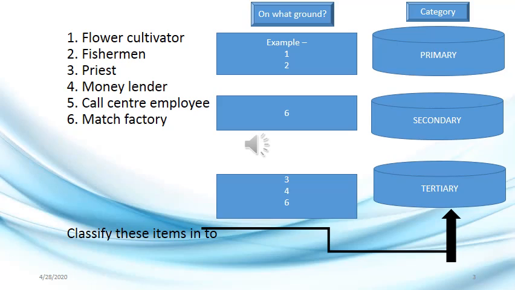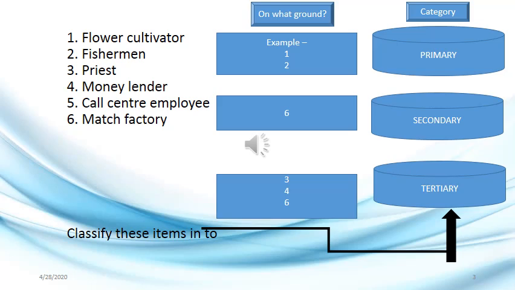The activity is very simple. We have a few items listed as 1, 2, 3, 4, 5, 6. Now we need to group them. On what ground do you classify? You can see there are some columns there. And finally, how do you group them into 3 categories?